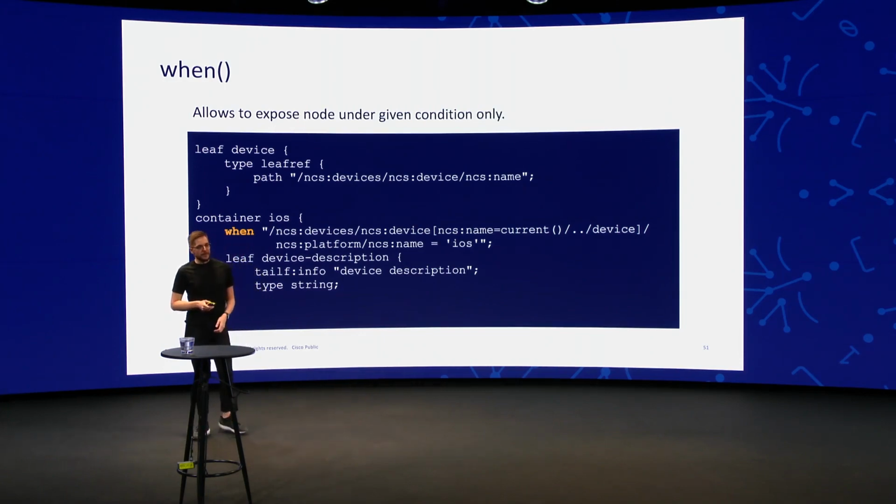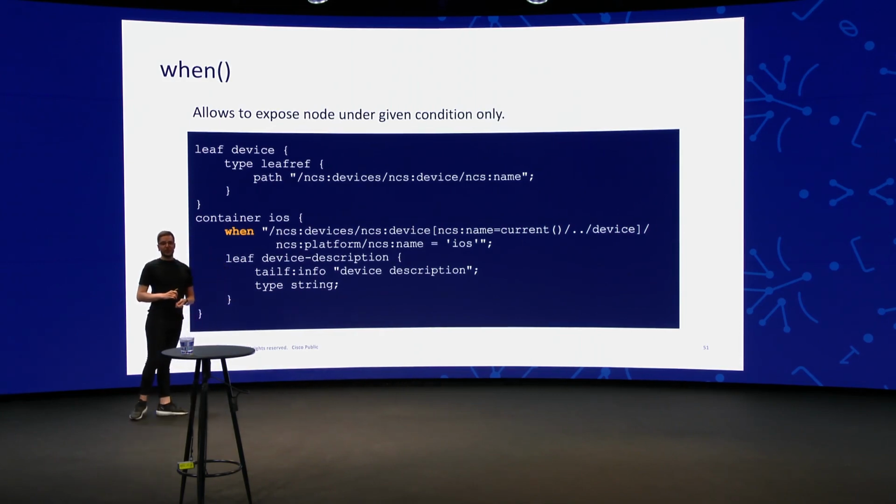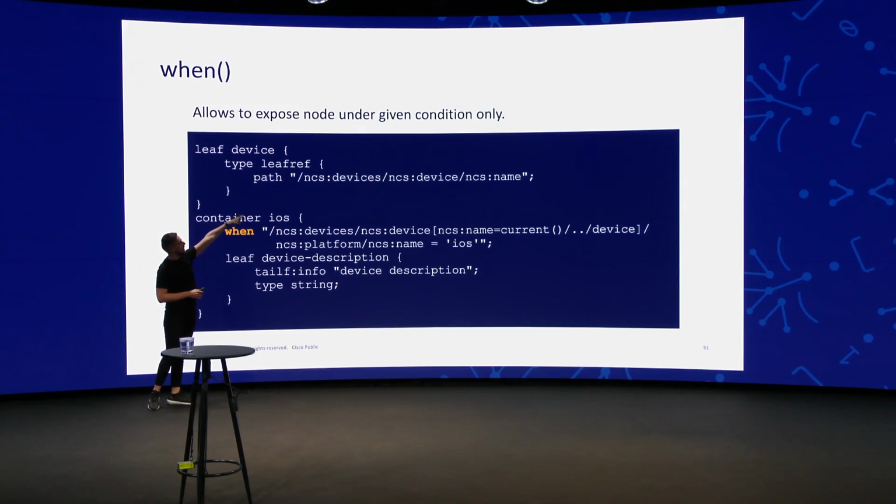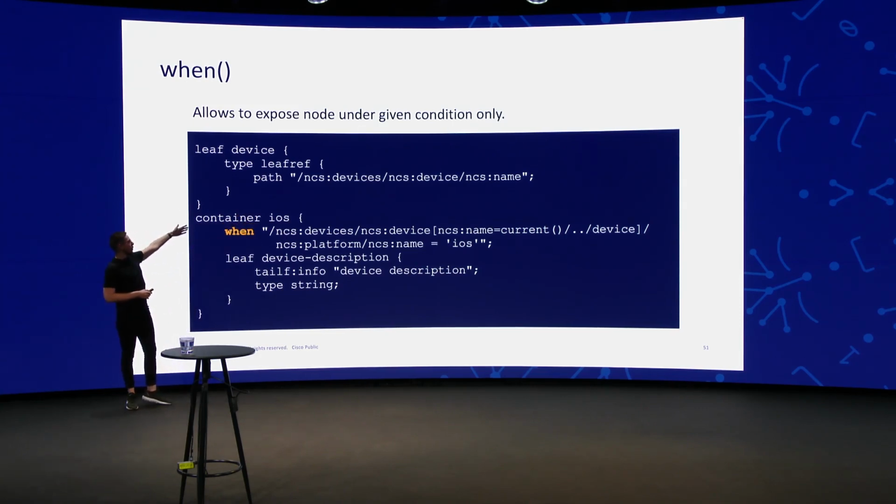The when statement allows us to expose the node under the given condition. Very often used in YANG data modeling of a service. In this typical example, we have the device as a leafref to the device name in the YANG data model. For example, some parameters need to depend on the device that we are configuring.